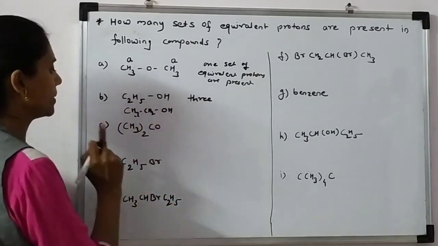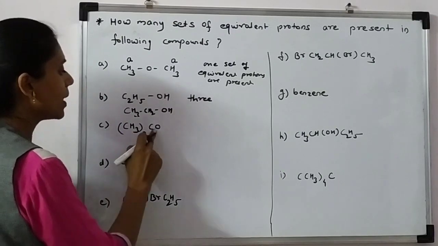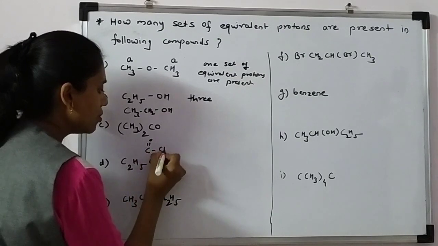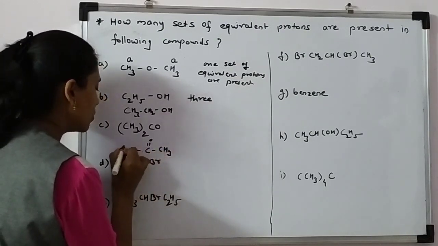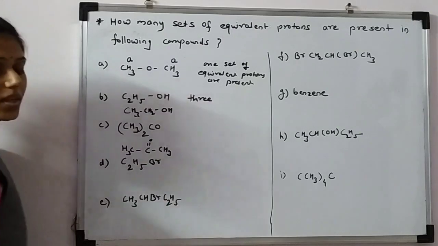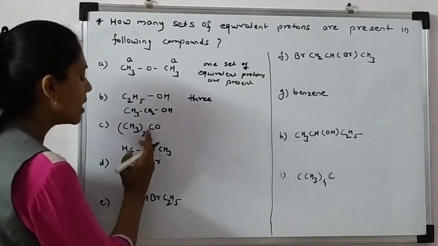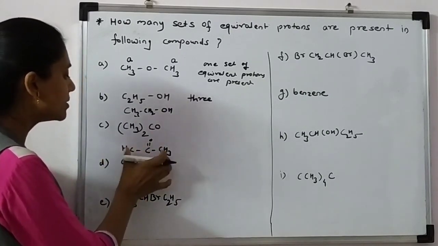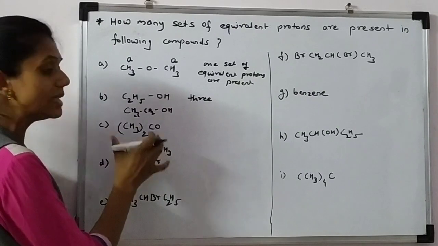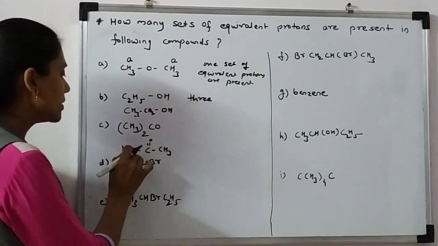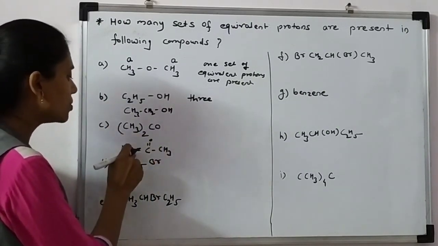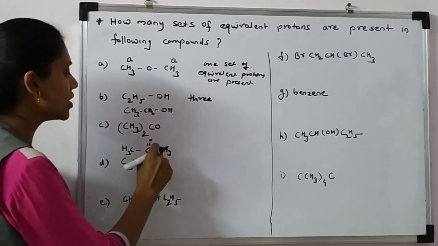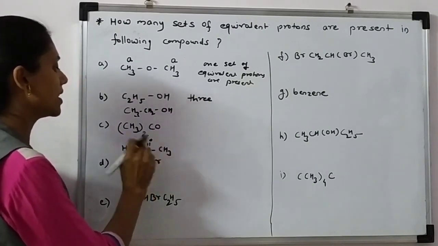Next one, CH3 taken twice, CO. That means a carbonyl group is attached to two methyl groups. When we draw the symmetry, we see the environment of these two methyl groups is the same. These three protons are attached to the carbon atom which is attached to the carbonyl, and again three protons are attached to this carbon atom which is attached to the carbonyl group.